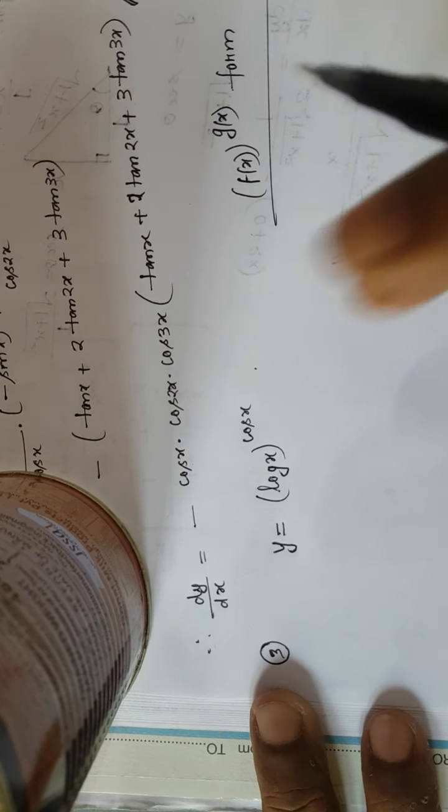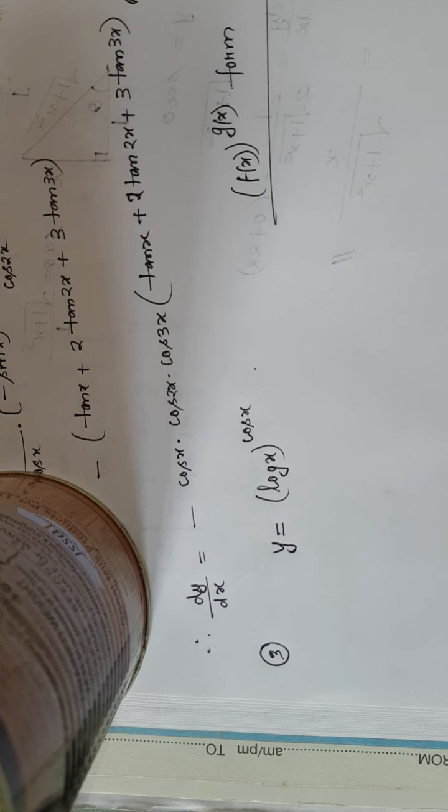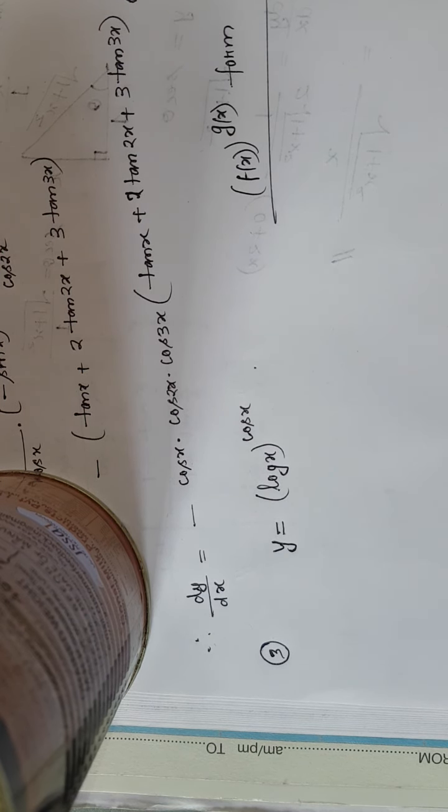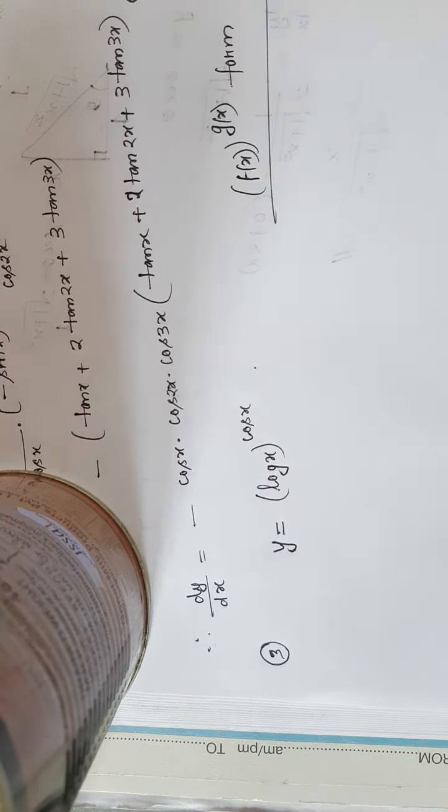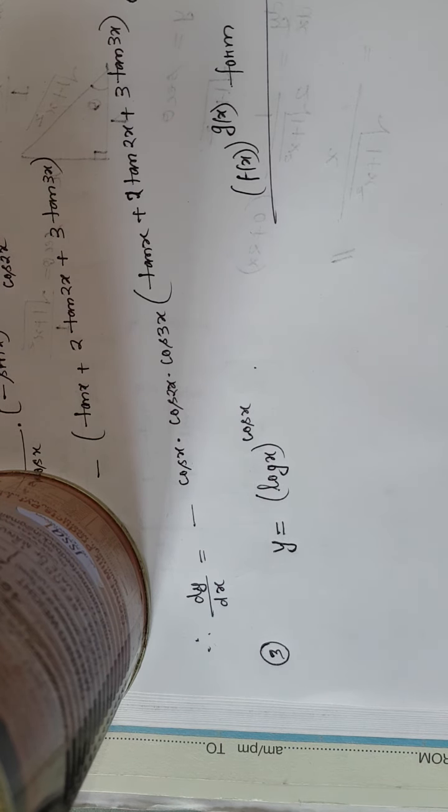When you are given a function to the power another function, we apply logarithm. Or if you are given product or division of multiple functions, we use logarithm. In the first question, there were product of three different functions, so we used logarithm. Now here there are two functions, one is raised as a power of other, so we'll use logarithm again.